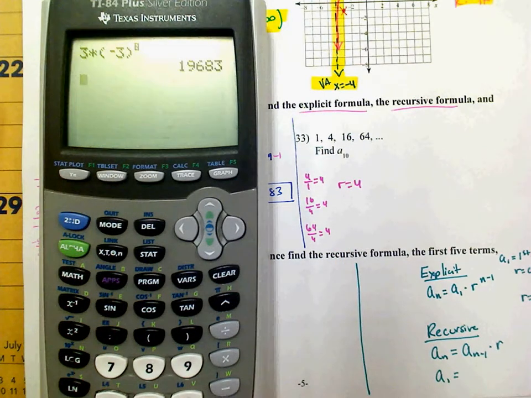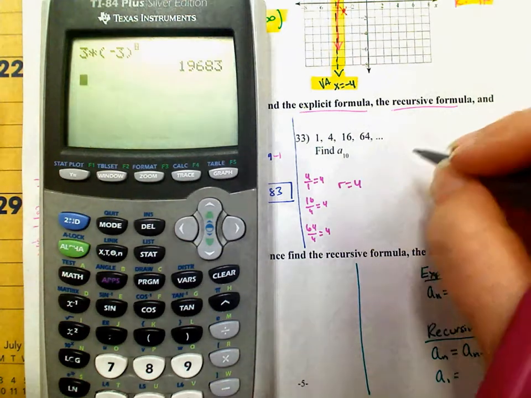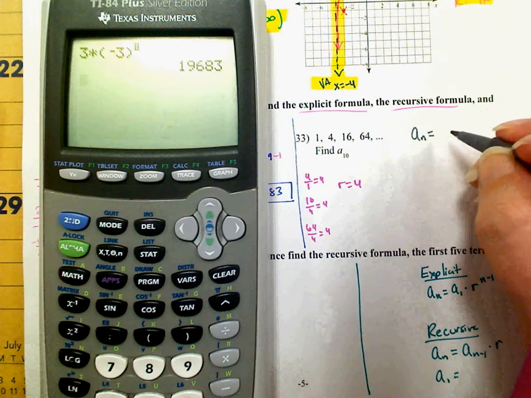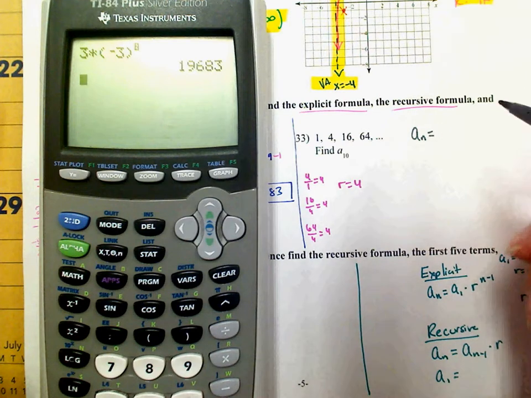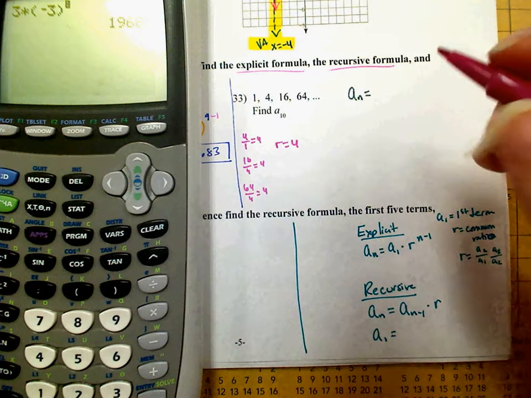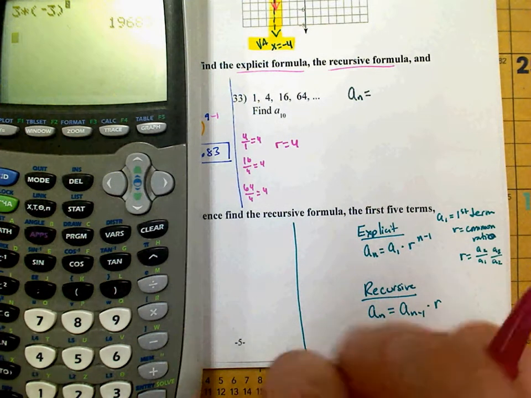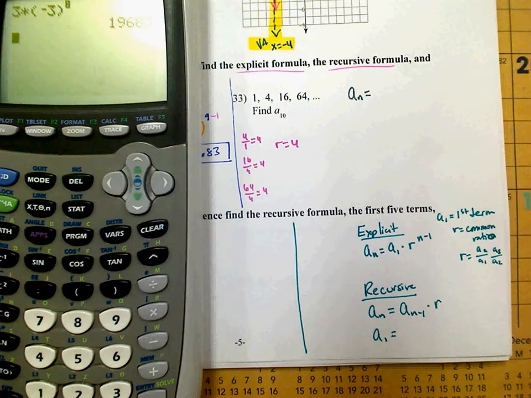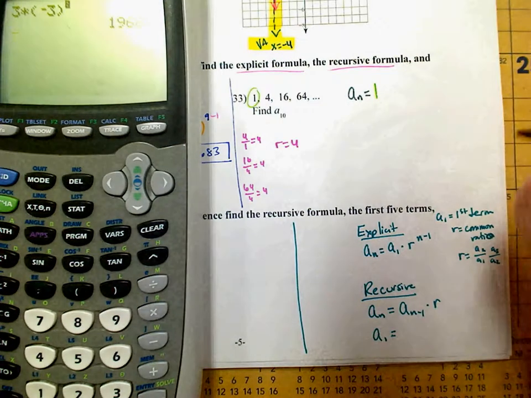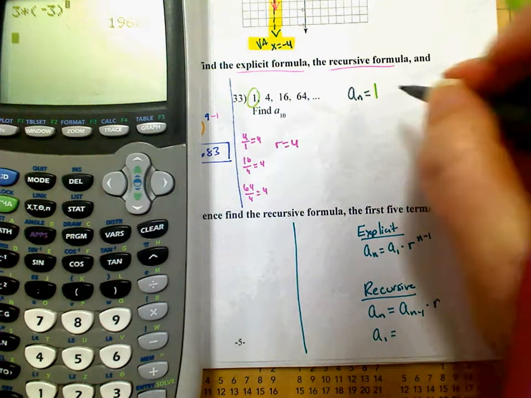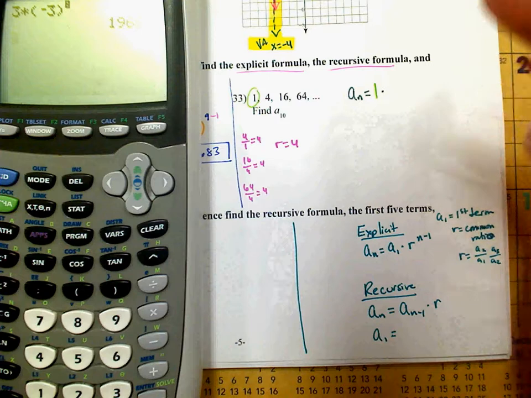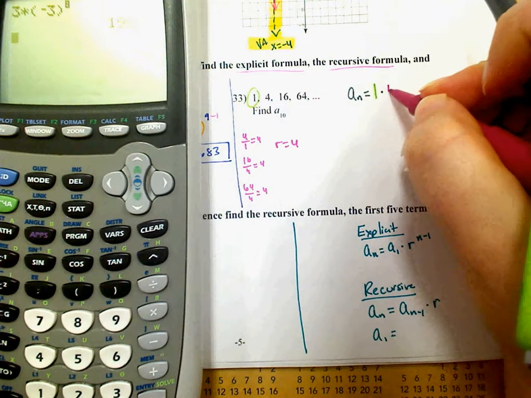My explicit formula, a sub n equals the first term, which is 1, times, now the common ratio is 4. I put parentheses around negative 3 earlier because it was a negative, but I don't need it when it's just a number. If you want to put parentheses, you can. To the n minus 1.